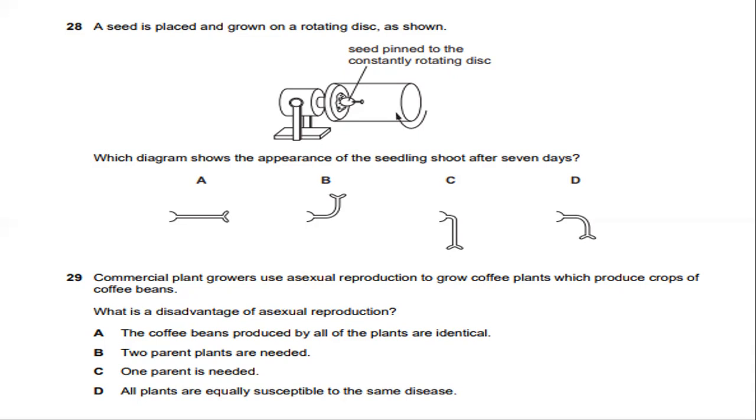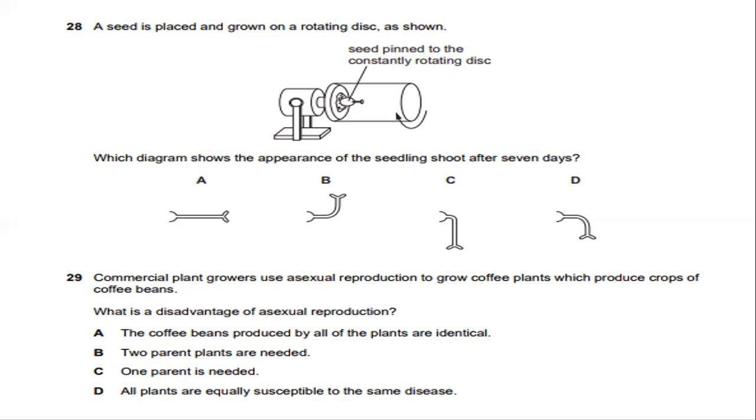So plants respond directly to Earth's gravity attraction and also to light. Stems grow upward, away from the center of the Earth, towards light. The response to external stimuli is called tropism.